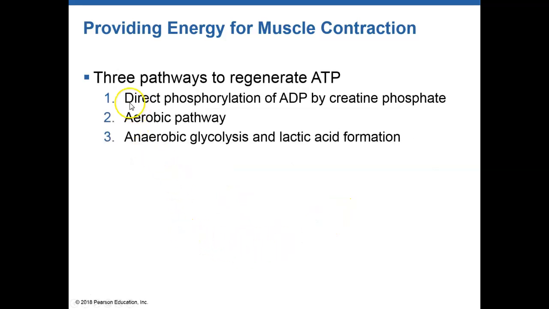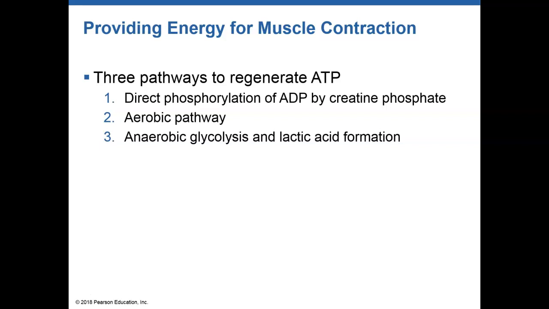The first is through direct phosphorylation of ADP. This is with a protein that's very specific to our muscles only. It's only found in muscles, and that's called creatine phosphate. A lot of you have probably heard of creatine, especially if you're into muscle building, because they have creatine shakes that you can drink that increase the amount of creatine in your body.